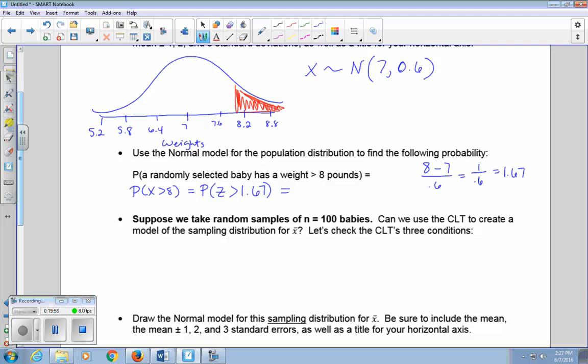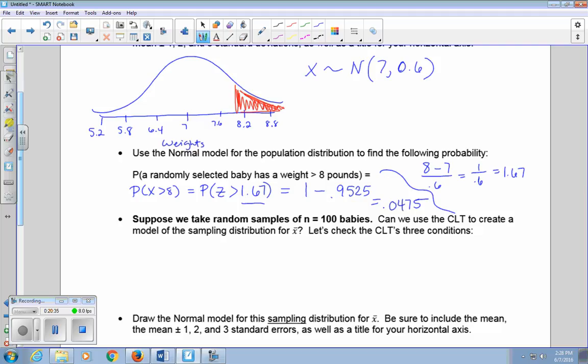When we're using a greater than, the number we look up, the 1.67 on the chart, gives us the probability of being less than 1.67. So we would do 1 minus 0.9525, which is equal to 0.0475.